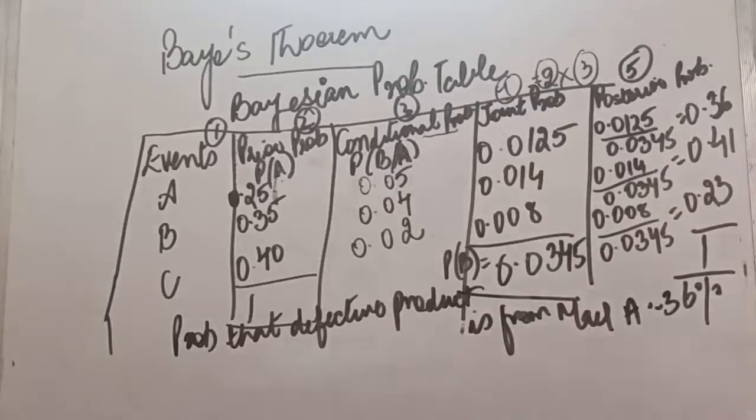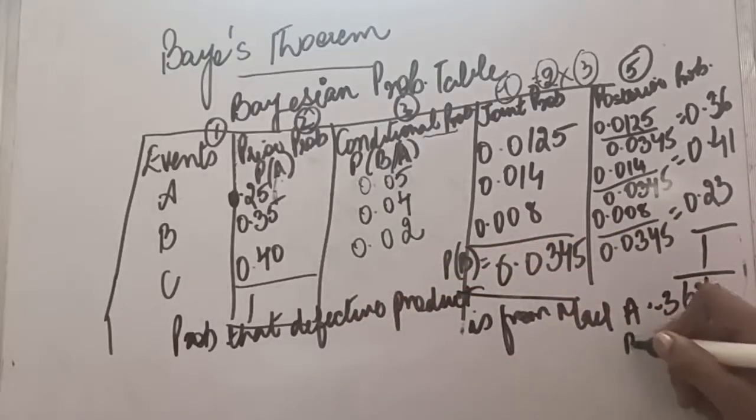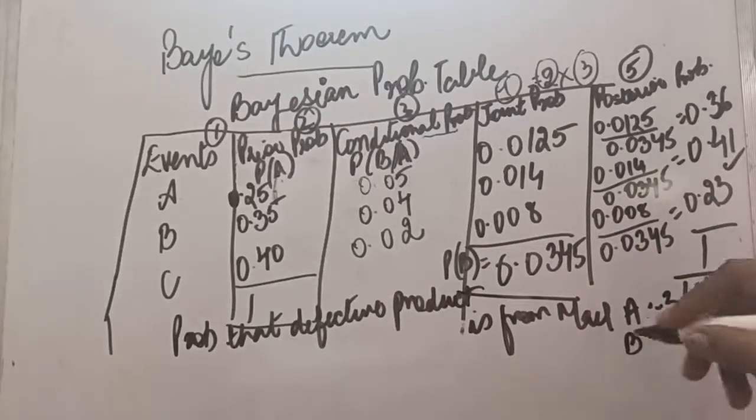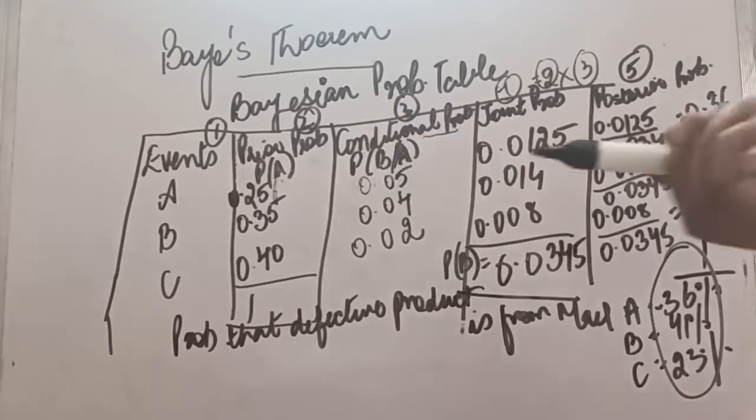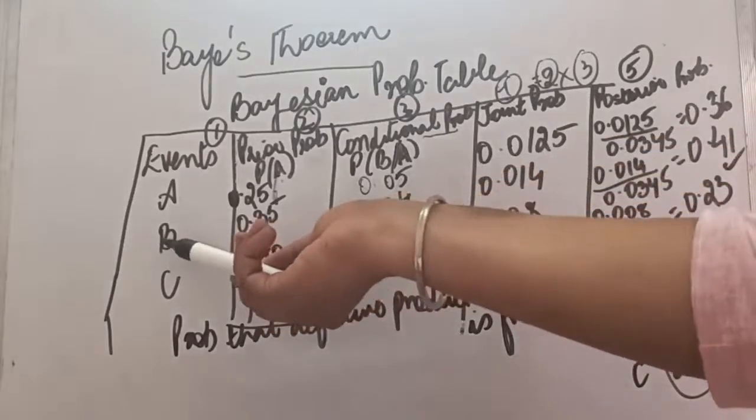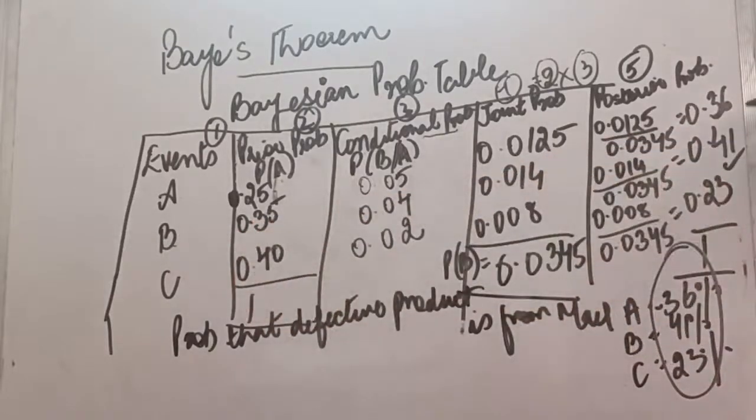Similarly, the probability that the defective product is from machine B will be 41%. Probability that the defective product is from machine C will be 23%. So these three will be our answer. If in any question it is asked to find the probability that the defective product is from machine B, this only will become our answer, 0.41 or 41%. So this is how the questions of Bayes' theorem are solved.